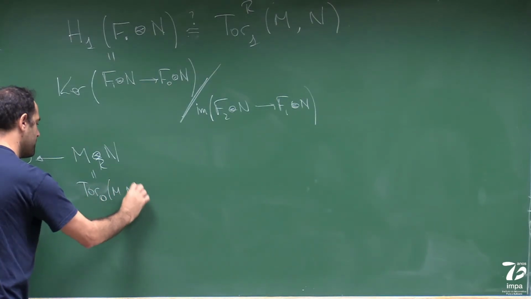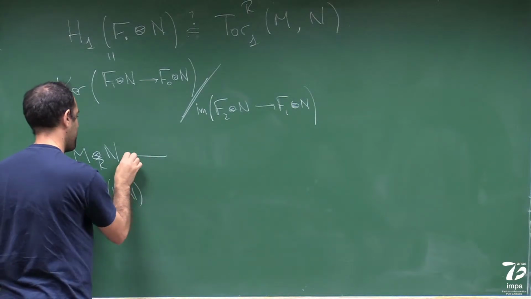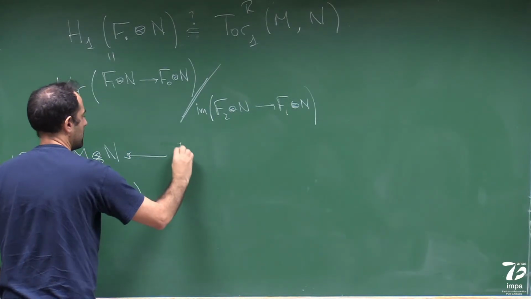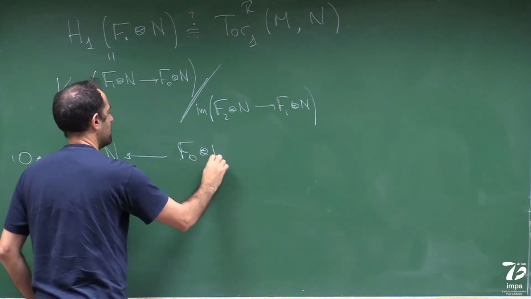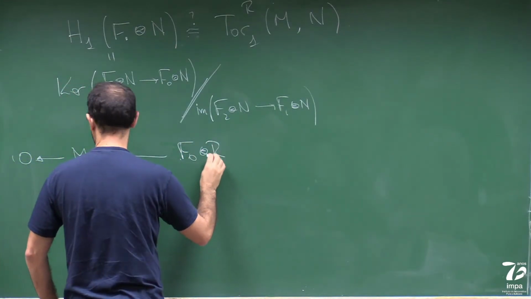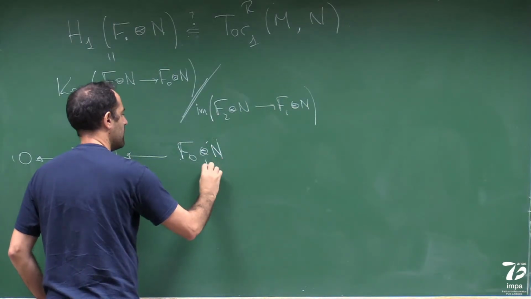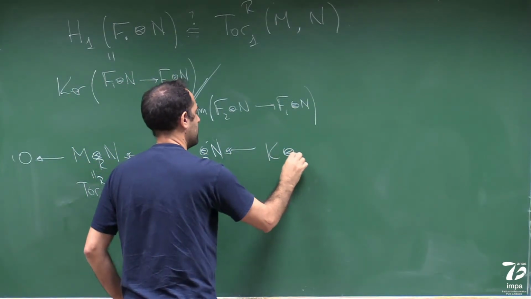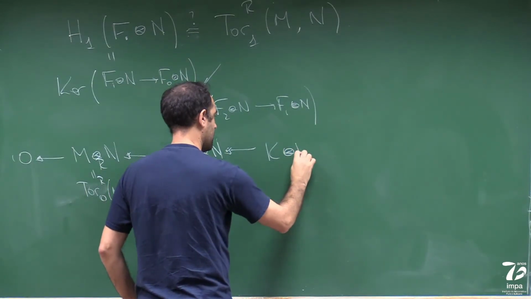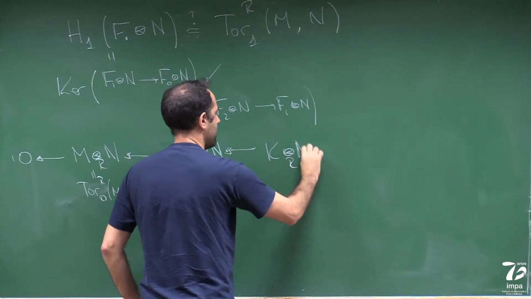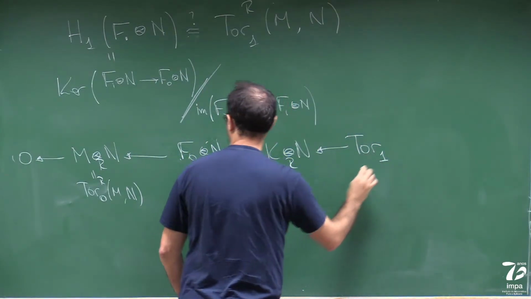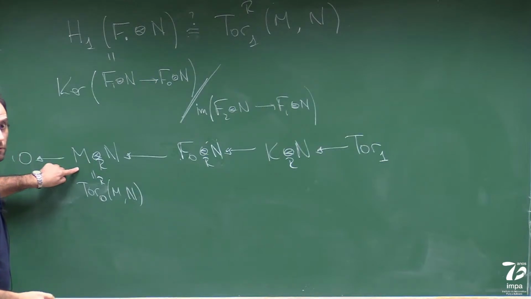M, N, I'm sorry for being so slow, to Tor 0 of F0 tensor with R, tensor N over R, Tor 0 of the other guy, K, R with N, Tor 1, and this is what I want to understand.